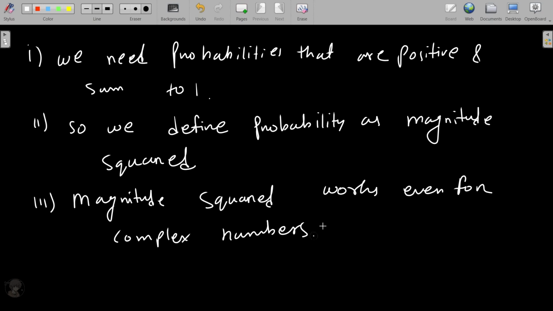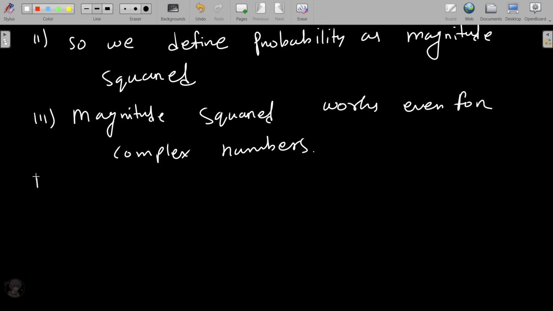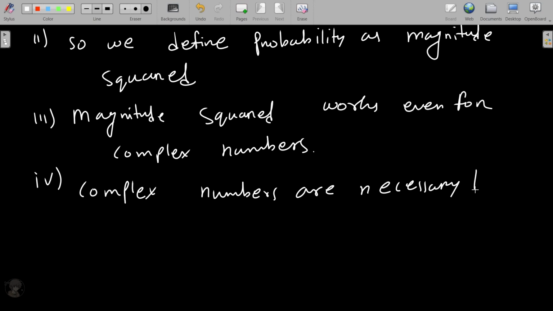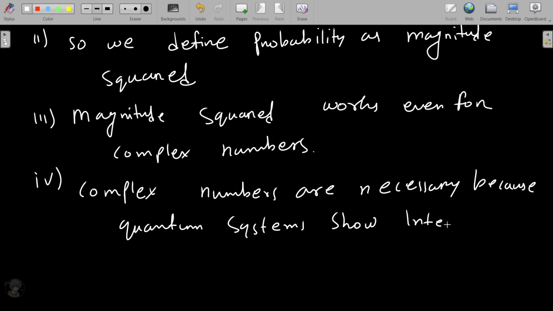The fourth point is that complex numbers are necessary because quantum systems show interference.